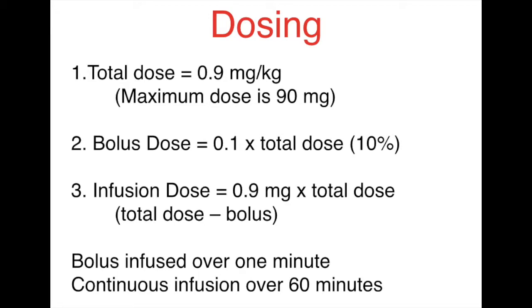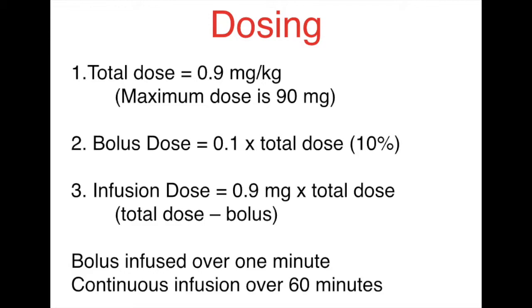Once you have obtained that number, you will multiply that by 0.1 to obtain the bolus dose, or it's 10% of your total dose. Once you have determined the bolus and the total dose, you can determine your waste, okay?